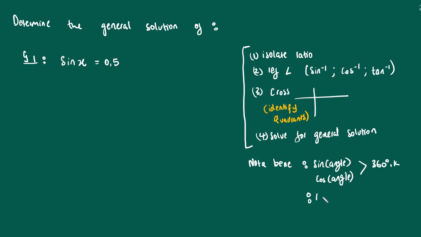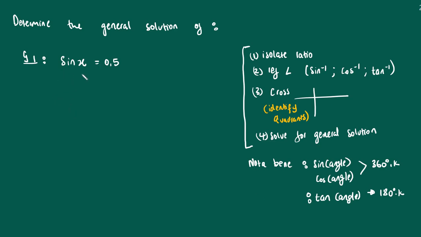However, for tan of an angle, we use 180 degrees times k. So let's just take note of what we use.